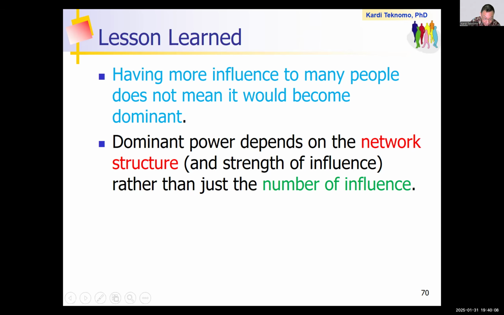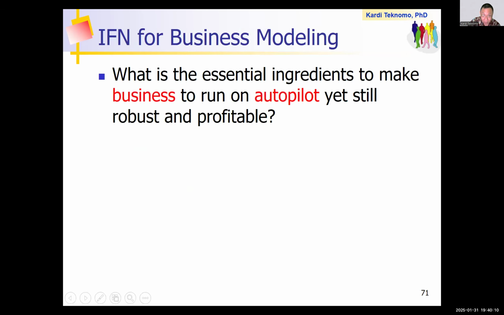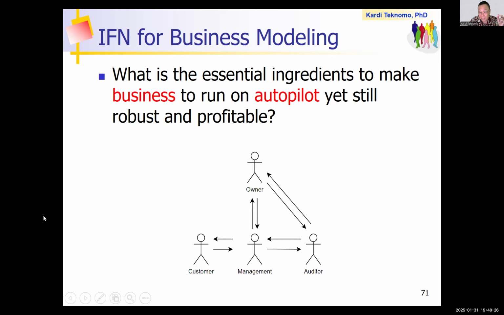So I have another example here of IFN for business. What is the essential ingredient to make the business run on autopilot, yet still robust and profitable, for example? The essential of check and balance in business is actually this triangle. Can you see? The triangle between the owner, the auditor, and the management.